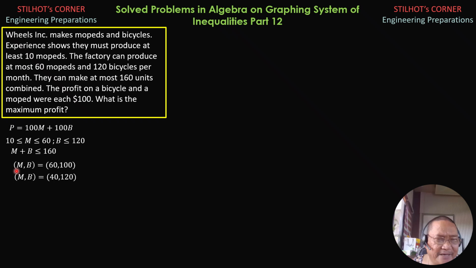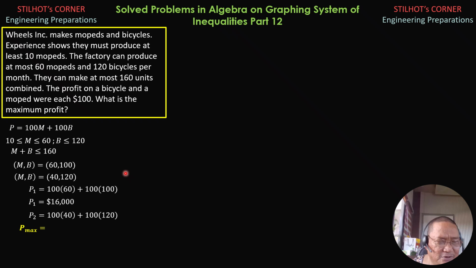So let's evaluate the profit when 60 mopeds and 100 bicycles are produced. It is 100 times 60 plus 100 times 100, and that is equal to $16,000. Now, if we produce 40 mopeds and 120 bicycles, profit is 100 times 40 plus 100 times 120. So the profit is also $16,000.